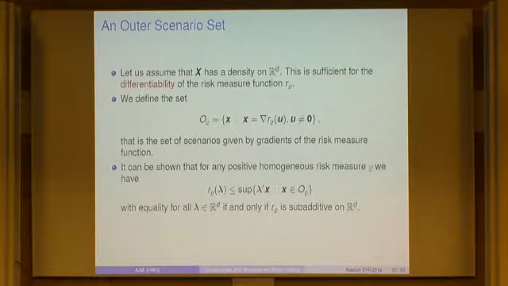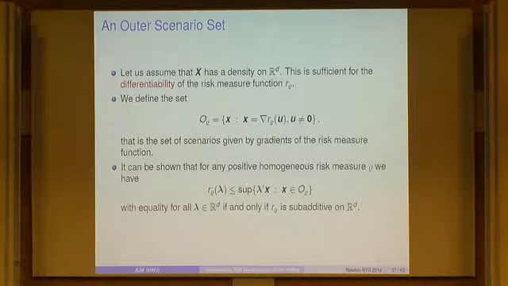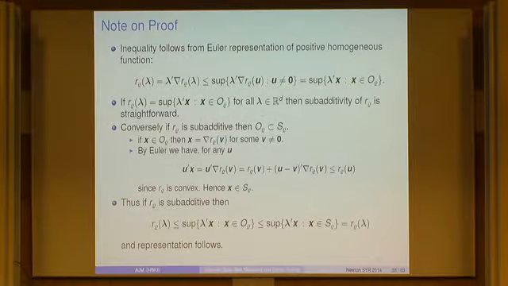Okay, so I'm doing this for two reasons. One, because it will allow us to connect these sets with the capital allocation, and secondly, because this will give an upper bound. So maybe just to give a hint why this is true. Well, firstly, this inequality is very simple, and it comes from the Euler rule, or the Euler representation for positive homogeneous functions.